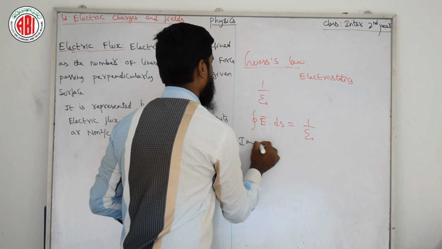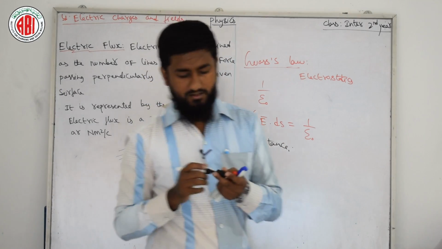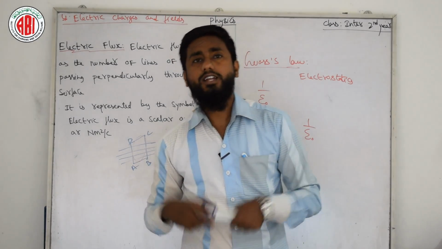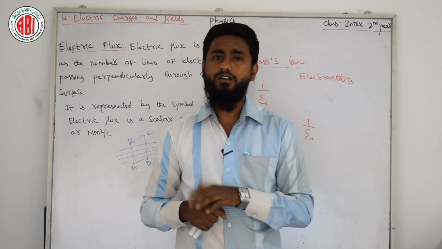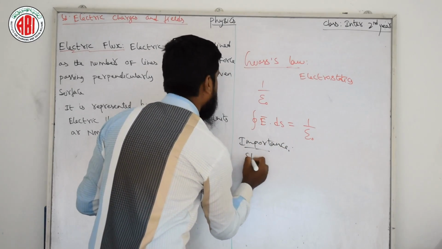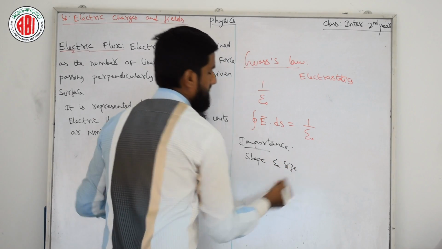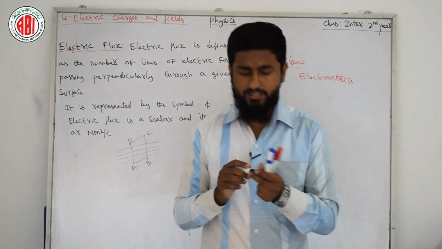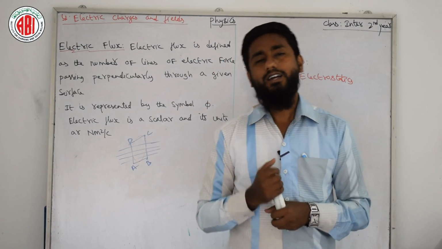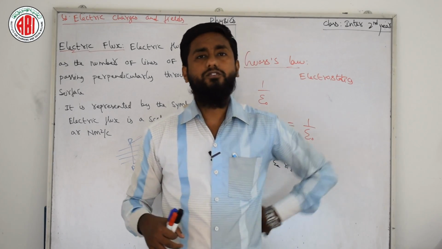The importance of this Gauss law is that we have many things. First of all, this Gauss law applies to any closed surface, whatever shape or size it may have. There is no concern with shape and size, it is applicable for all closed surfaces. And point number 3: Gauss law holds good for charges which are stationary, and also for moving charges.